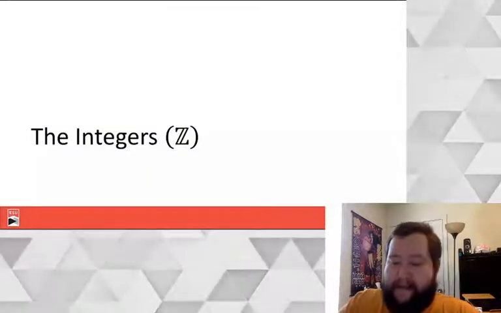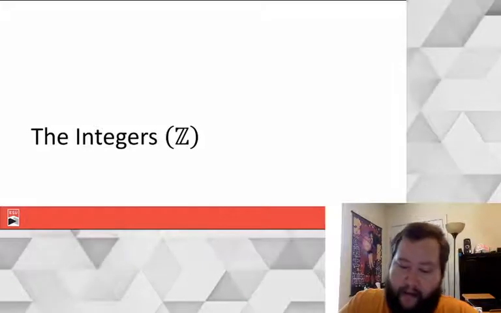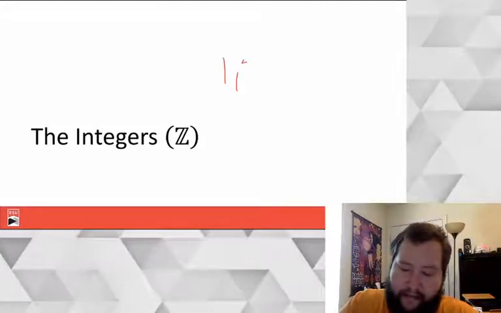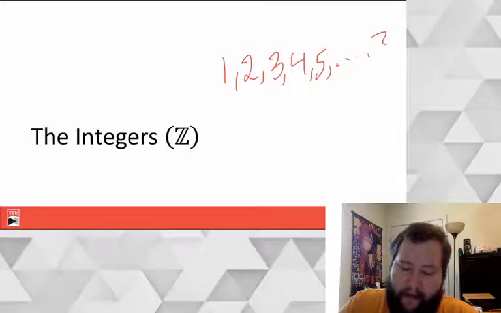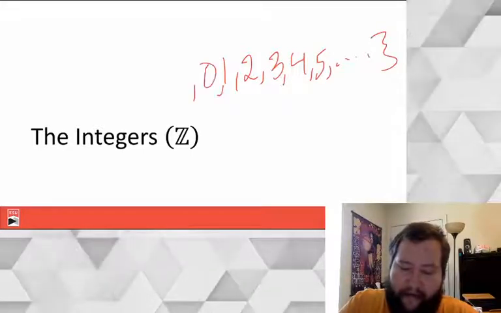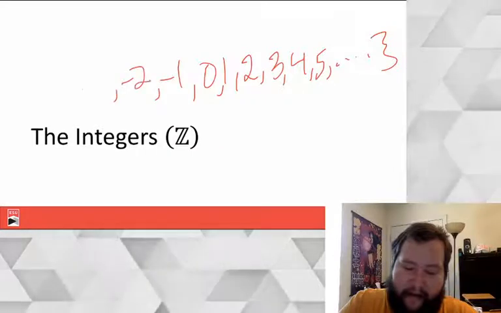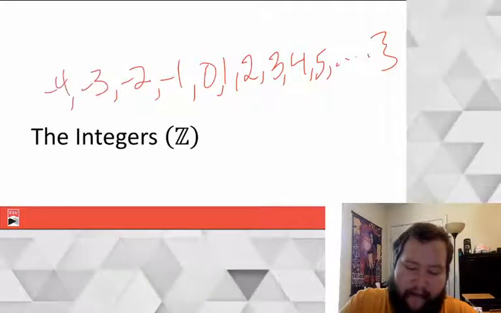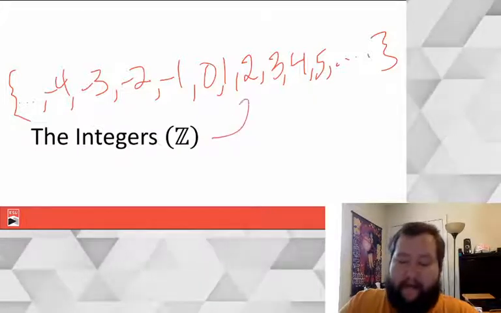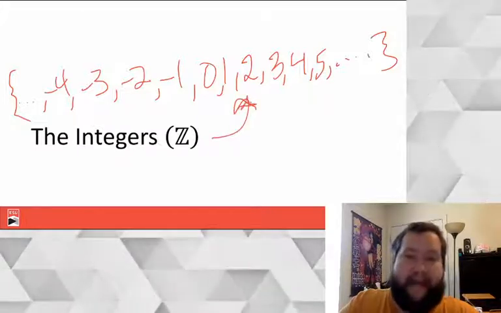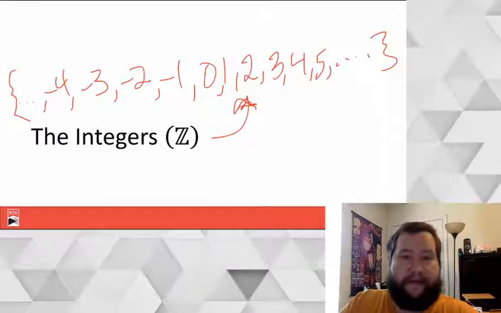This is not only our whole numbers, our 1, 2, 3, 4, 5, and on and on and on, but also our 0 with our naturals, and then going down into negative, and on and on and on. And so our integers is that set right there of all positive and negative whole numbers together with 0.